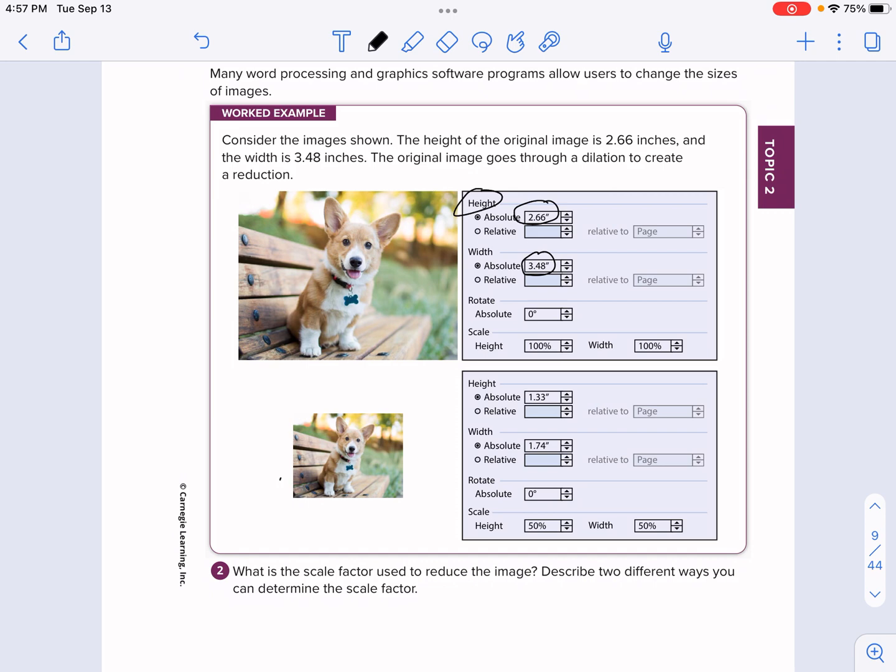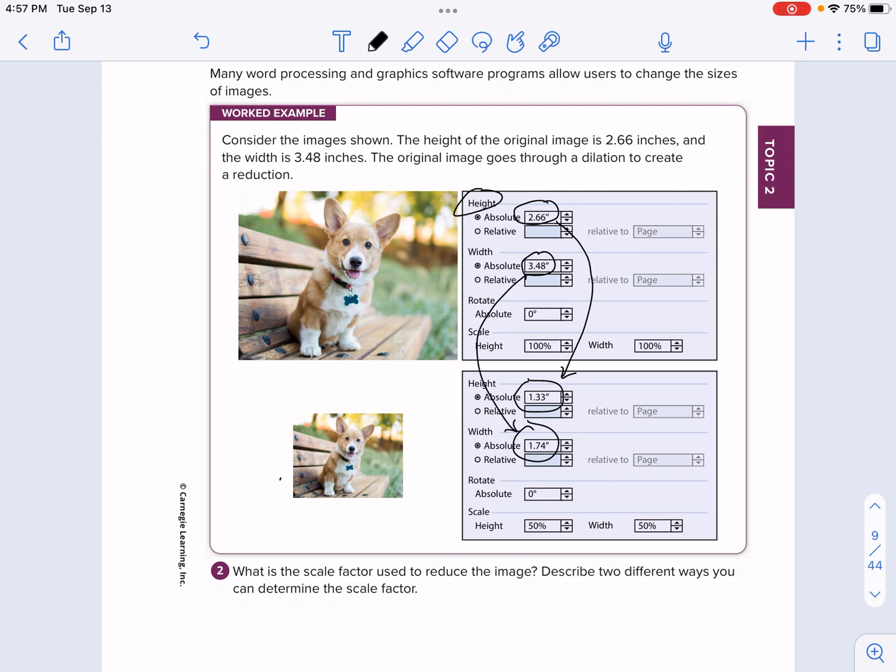But now the height is now 1.33 inches. So just compare that with 2.66. What do you notice there? Obviously we can see that it's getting smaller. And then finally, the width here, what would you say is happening to that?